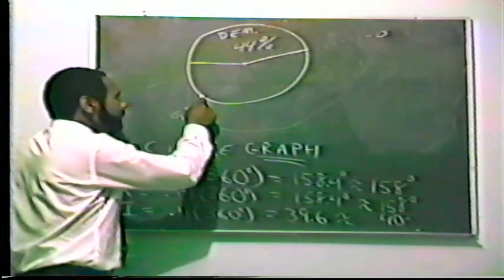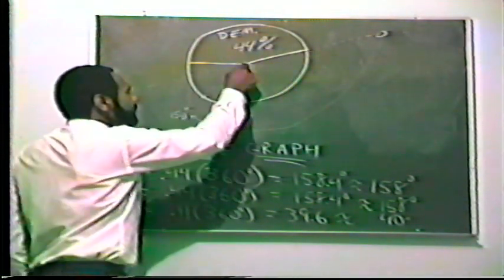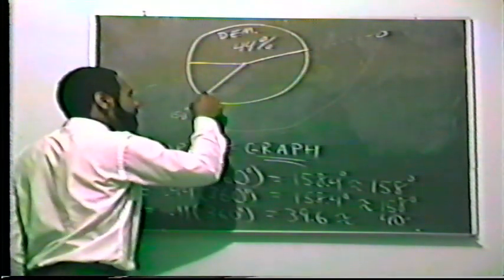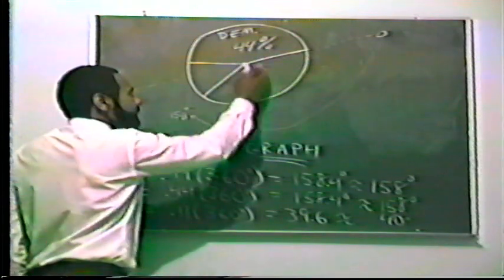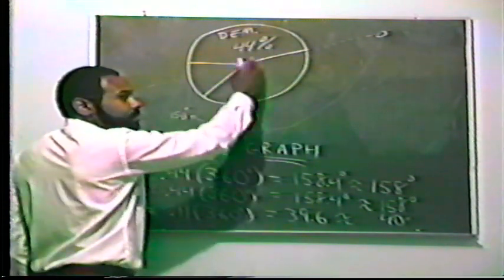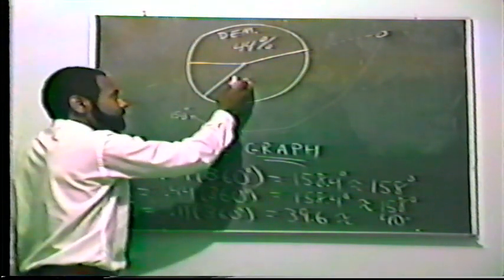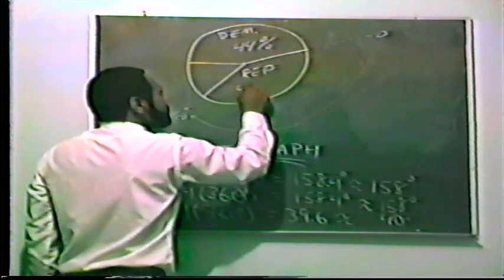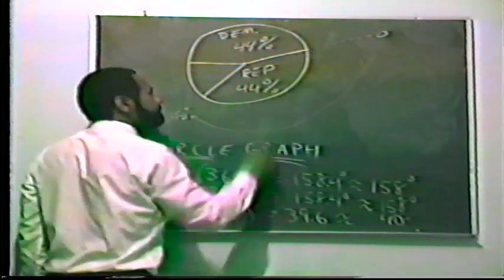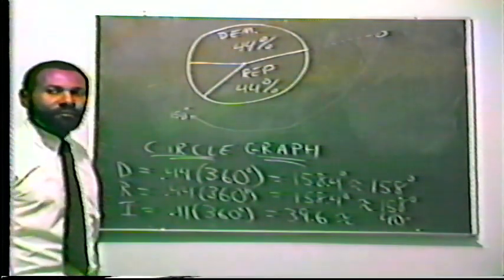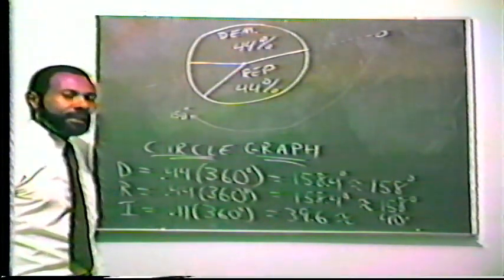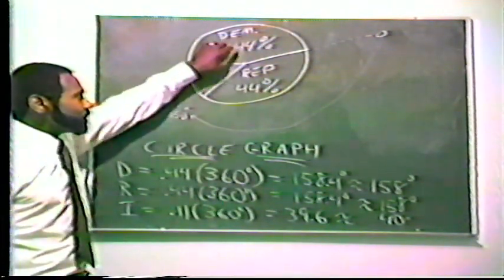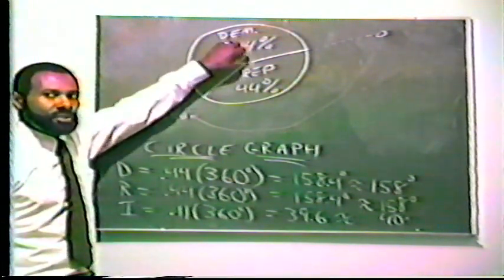So we mark that off, and then we draw a line or a segment from the center to that point. And this is the Republican segment of the circle. So we have here the Republicans, 44%.